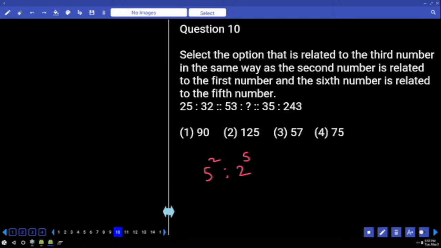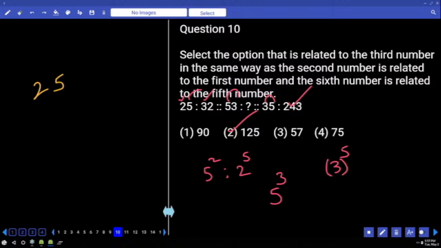So 2 power 5 is the next number, then 3 power 5, 243. Now 5 and 3 are the digits. 5 is the first digit, and the second digit is raised to the first digit as power. 5 power 3 is 125.